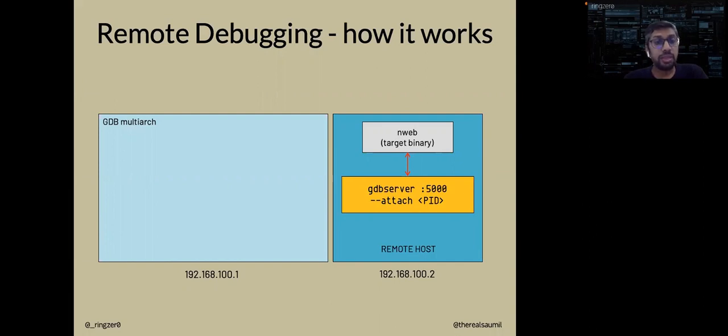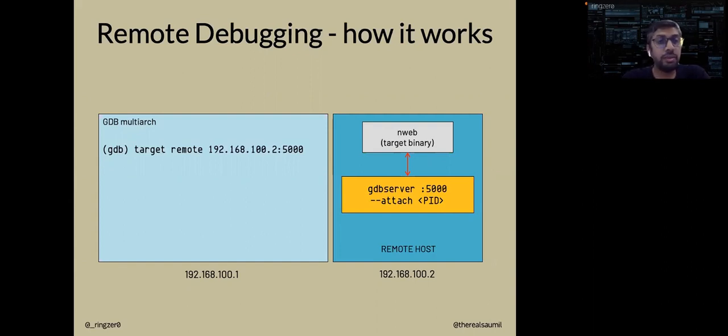And the way you're going to connect to the GDB server is, from your desktop debugging environment, you tell GDB multiarch, hey, where's the remote system? The command to be used is target remote, and then you provide the IP address of the remote host that GDB server is running on, and the port number that it is listening to.